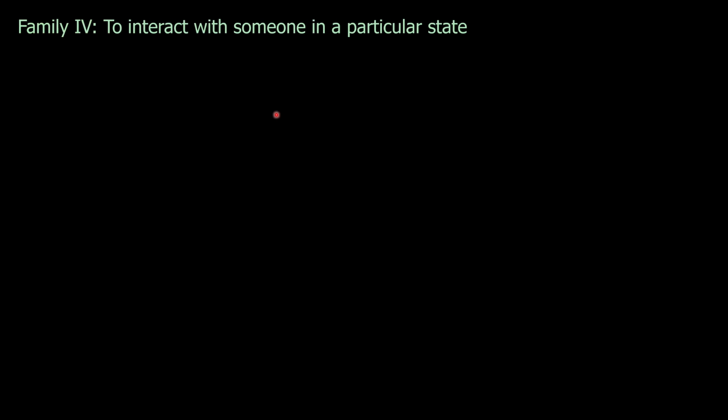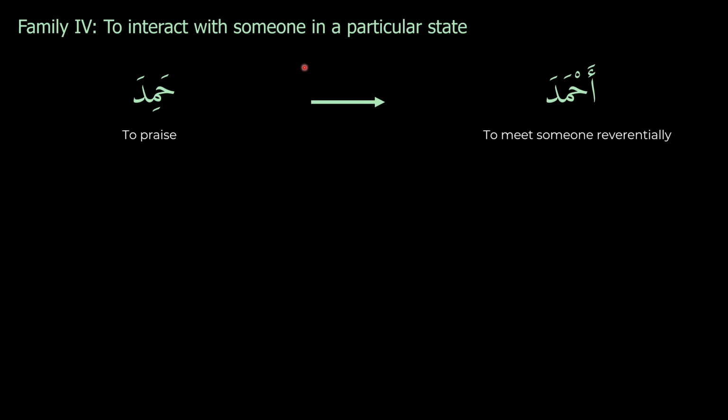So this has to do with interacting with someone in a particular state, right? So for example, here we have hamida, which means to praise, right? And if you put this into family 4, it becomes ahmada, which is to meet someone reverentially, meaning in a state of praise.